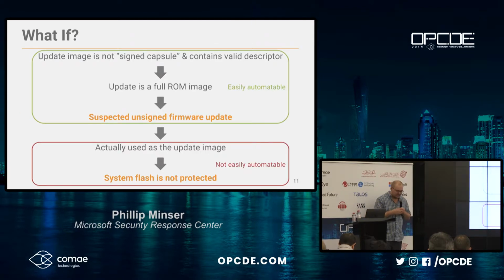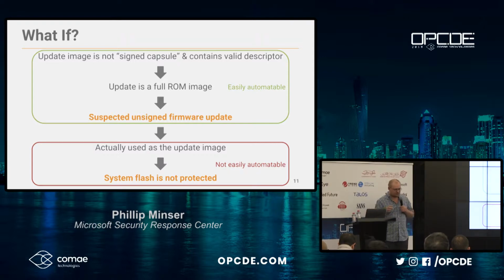So in our theory, we have 2 steps which we need to do to build the final algorithm to identify the vulnerable images. The first step is easy to automate. We basically need to download all of the images from all of the vendors' websites.